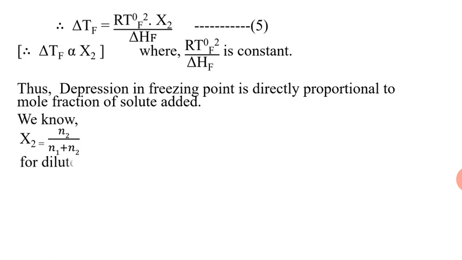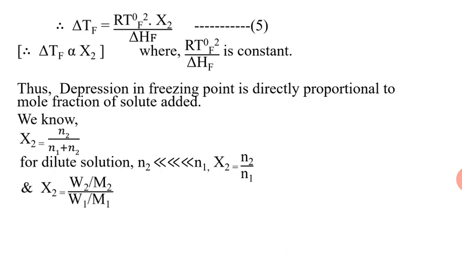Again, for a dilute solution, n2 is very small compared to n1, therefore it is neglected and we get x2 is equal to n2 divided by n1.